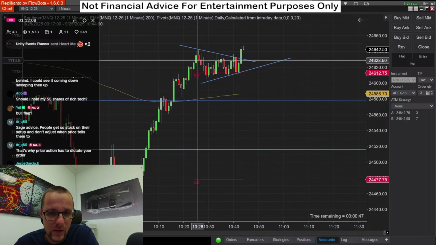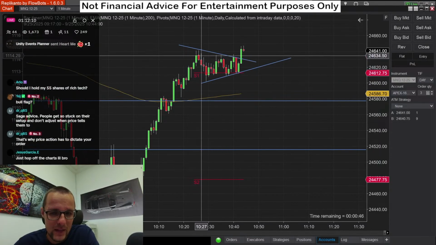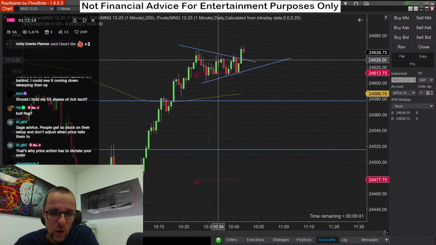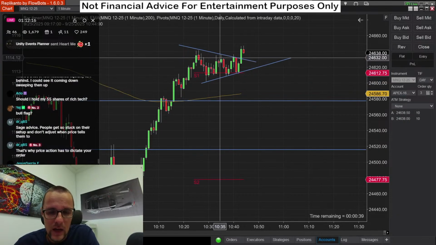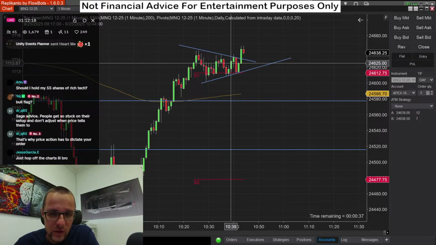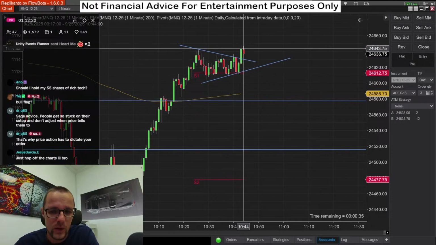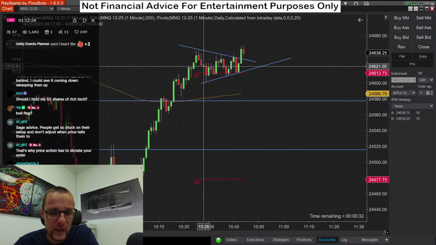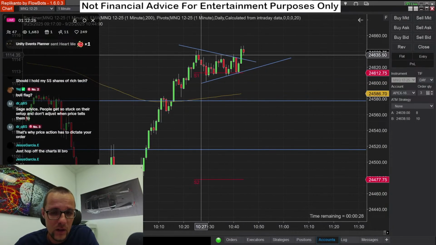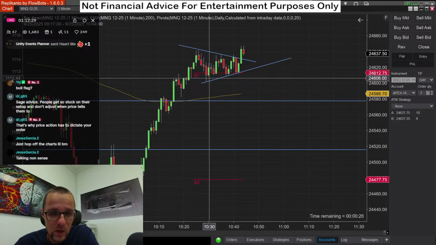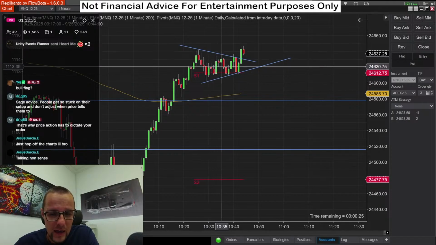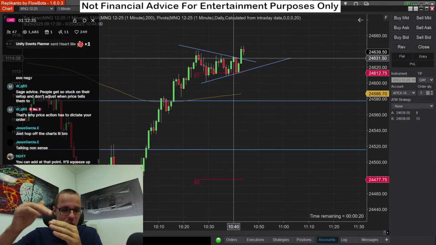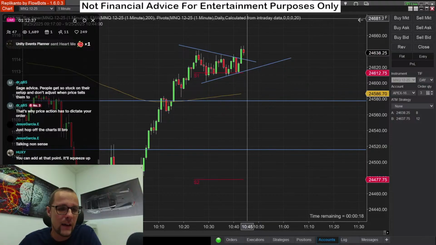So you can see the bull flag, right? How it makes a high, makes this low, makes a lower high, a higher low, and you can see how it's getting tighter to the point where maybe it starts breaking out of it. That's what a bull flag is, right? A high, a low, a lower high, higher low, and it gets tighter into the corner of that flag for it to break out of it.